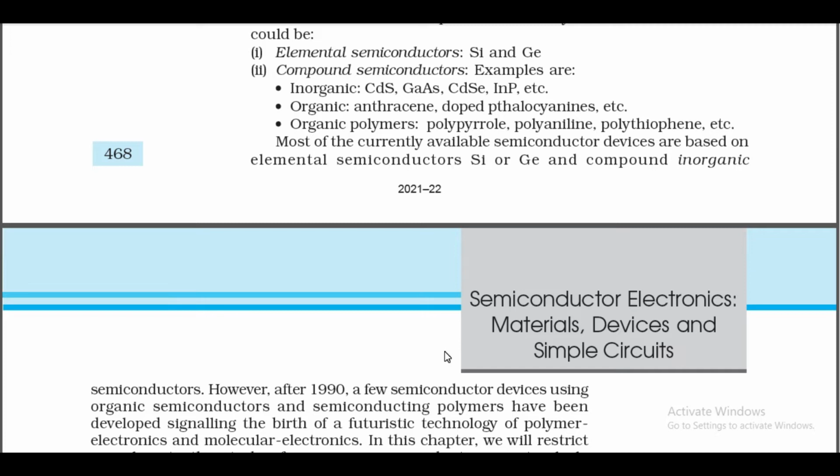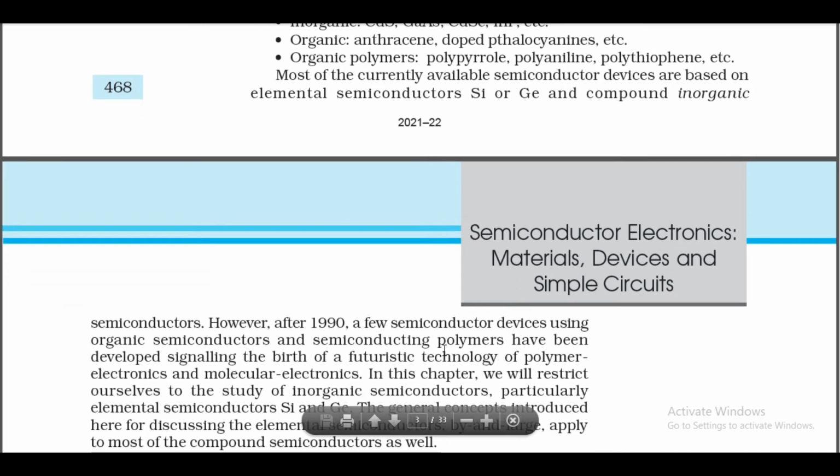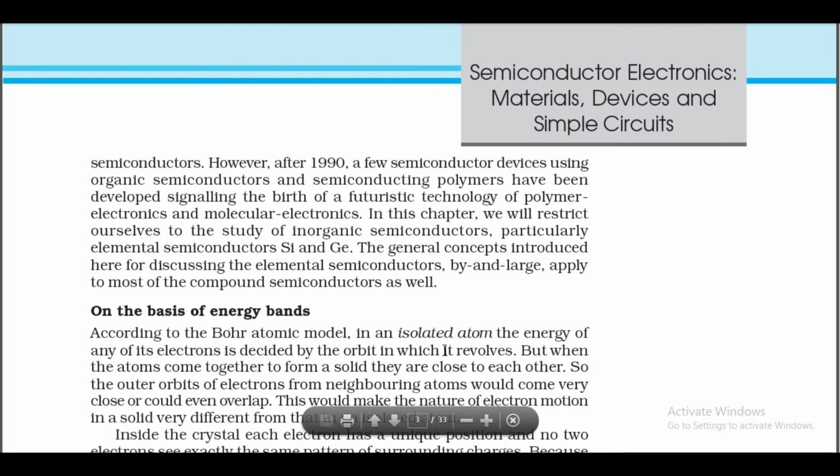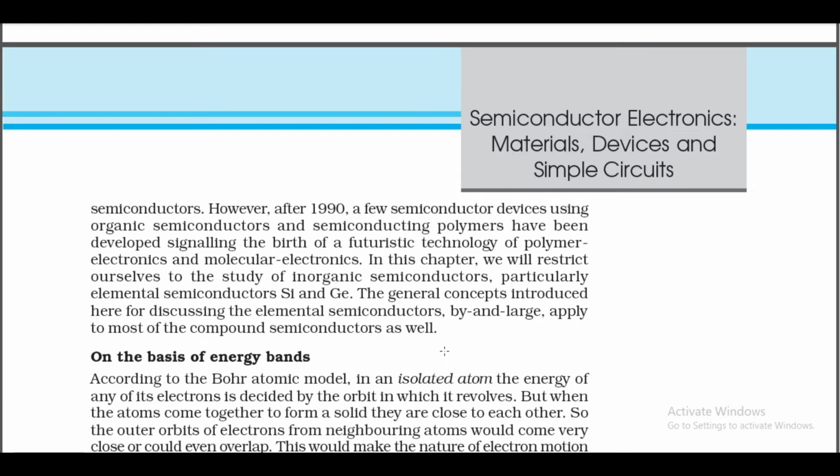Most of the currently available semiconductor devices are based on elemental semiconductors Si or Ge and compound inorganic semiconductors. However, after 1990, a few semiconductor devices using organic semiconductors and semiconducting polymers have been developed, signaling the birth of the futuristic technology of polymer electronics and molecular electronics.